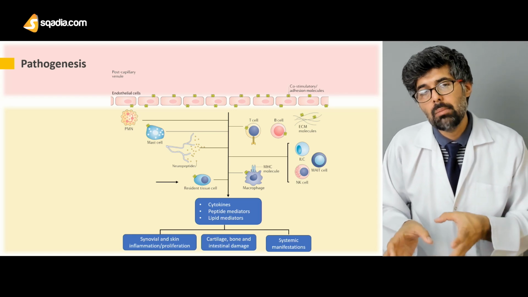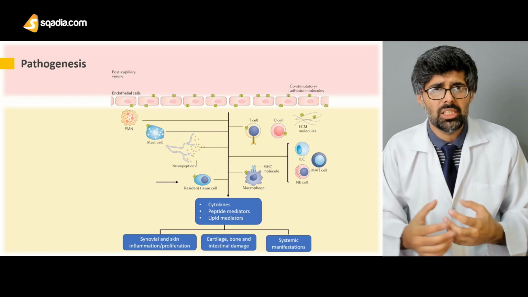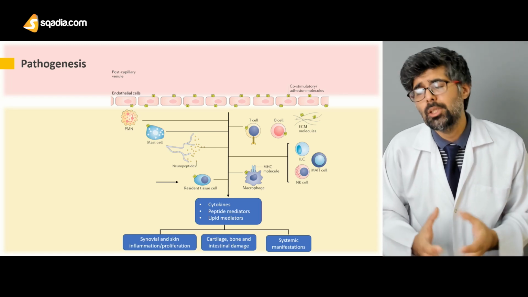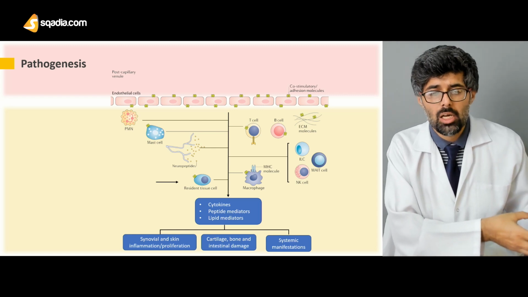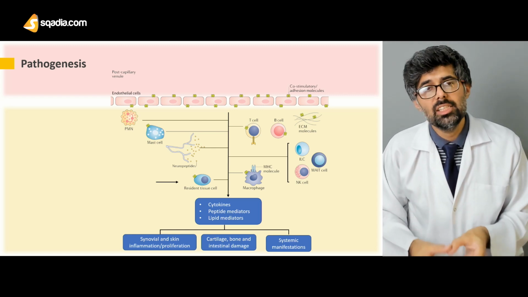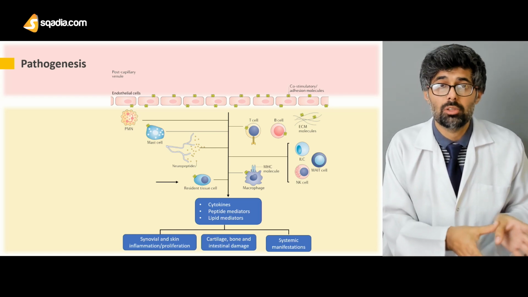Now, intestinal damage can be subclinical, meaning inflammation at that site does not present any symptoms, and that is especially true in psoriatic spondyloarthritis. But the damage to the cartilage and bone is very specific to psoriatic spondyloarthritis.